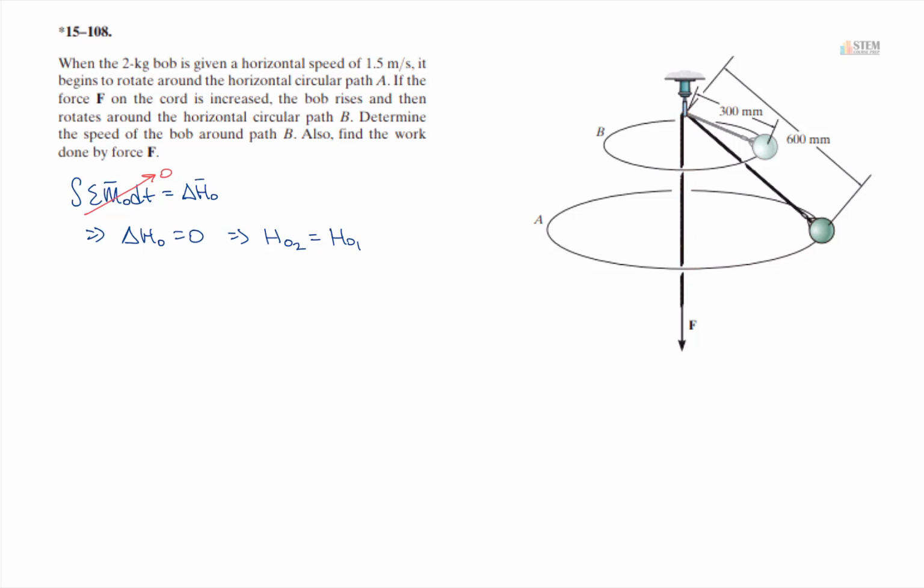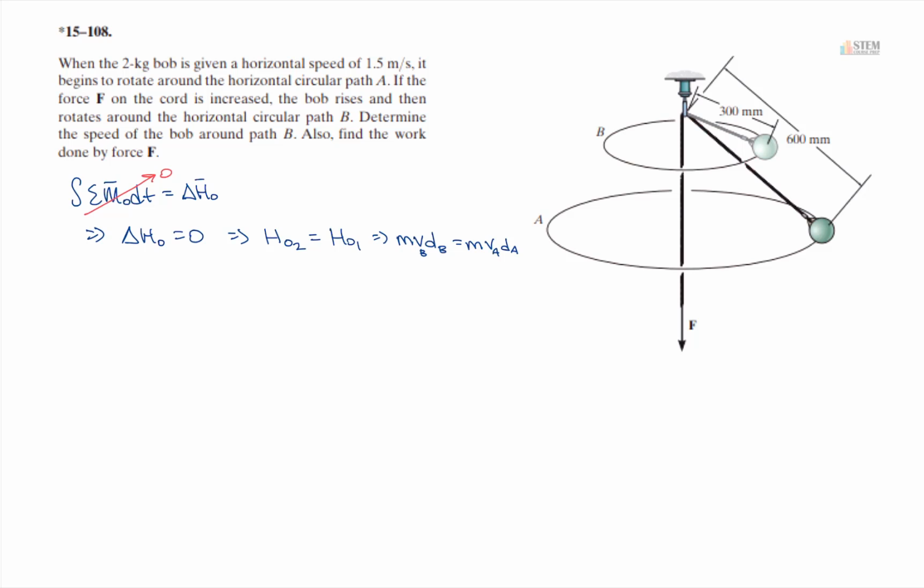So I'm going to use the scalar formulation, which is going to be m times v, that's the linear momentum, times d. Now this is going to be for our second time, which will be right here on path B, right? So let's put a little subscript here. So m v_B d_B, and then that's got to equal the angular momentum that we have on path A. So we're going to have m, because that doesn't change, times v_A times d_A.